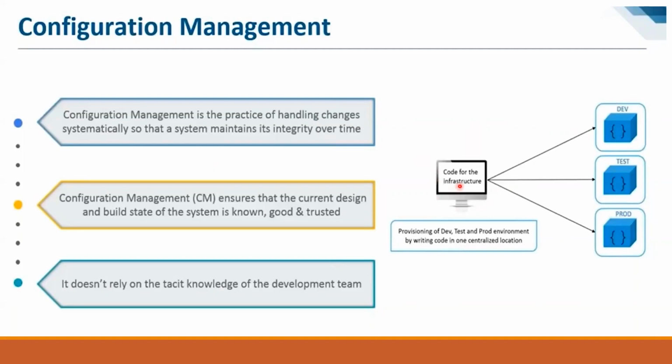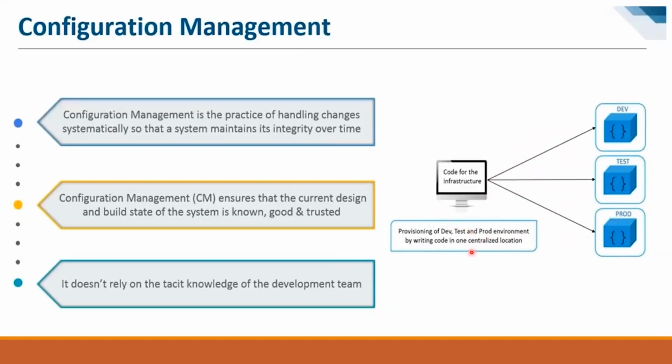If you want to deploy the code on the dev environment, test environment, or prod environment, it happens automatically if you use Ansible. Ansible is a configuration management tool used to deploy or implement into the dev, test, and prod environments.